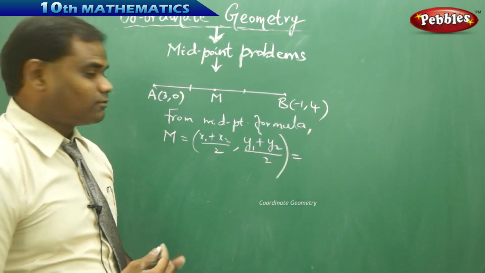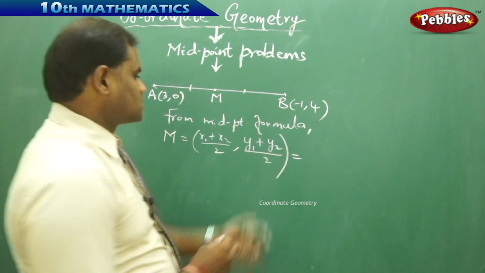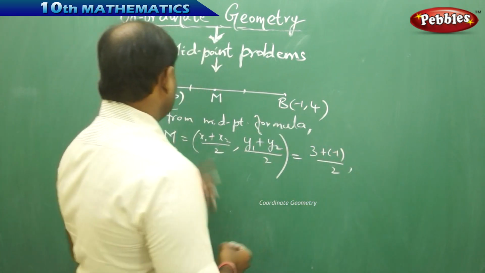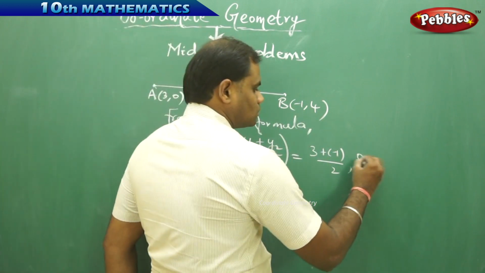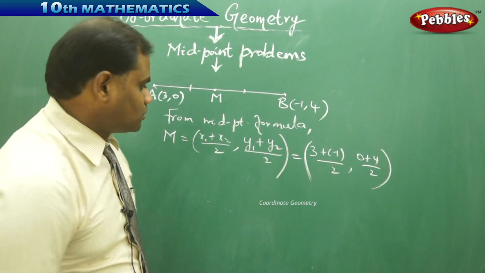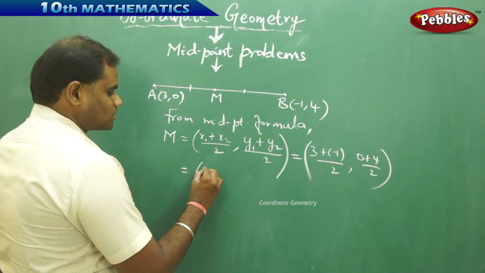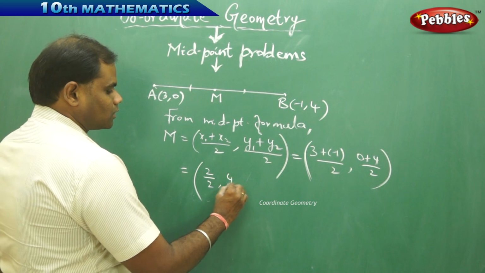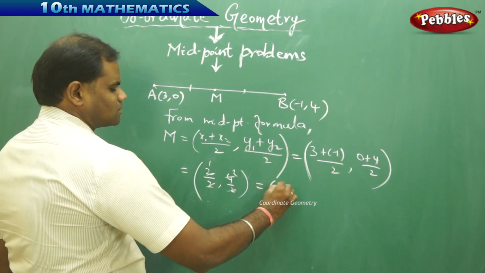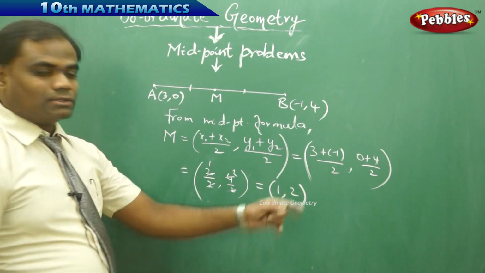This on simplification gives me (x1 + x2)/2 and (y1 + y2)/2, which on further simplification gives (3 minus 1) which is 2 over 2, and 4 over 2. This gives, on cancellation, this.